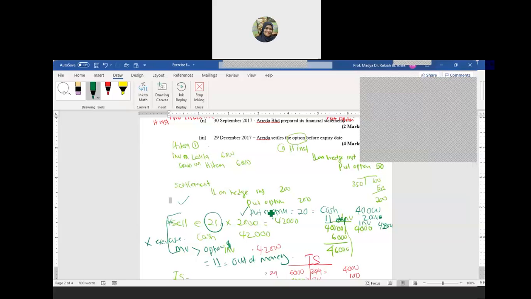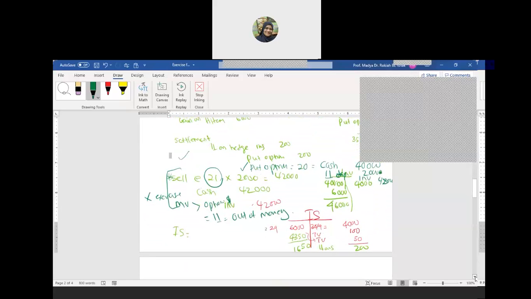If we continue this income statement here, up to this one, we have a gain of 1,650. And then if we have exercised the option, we have a loss of another 2,000.